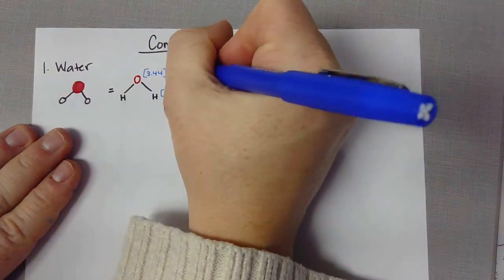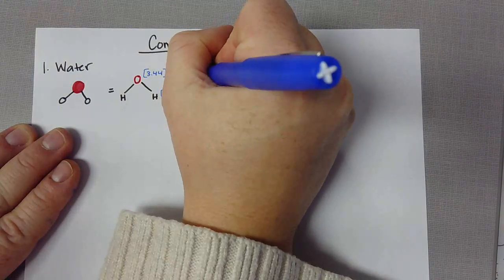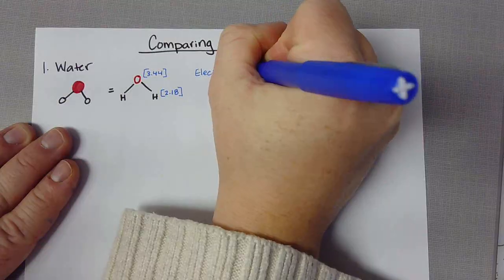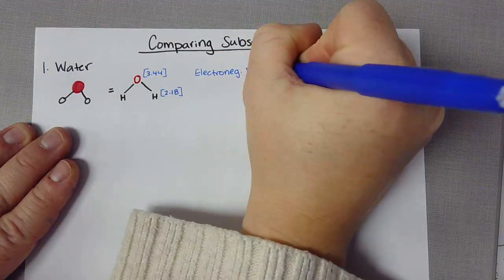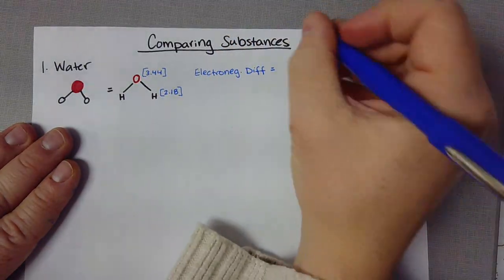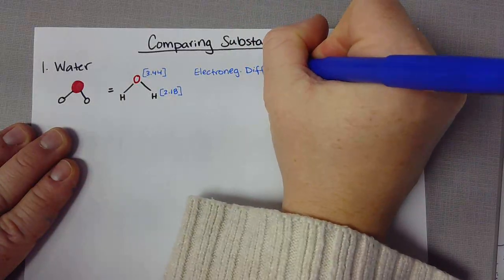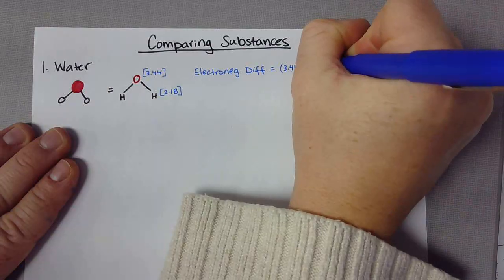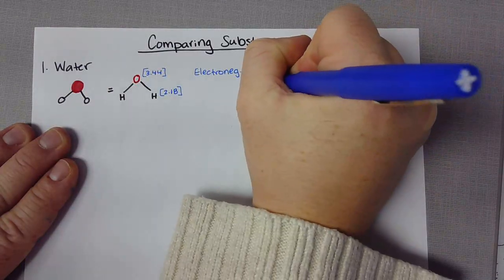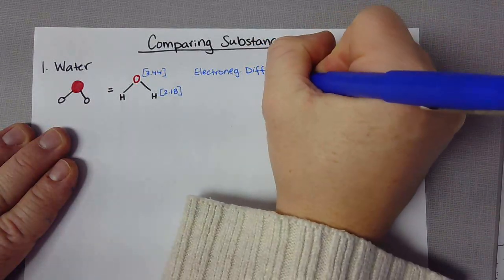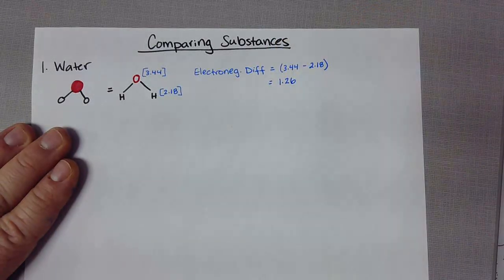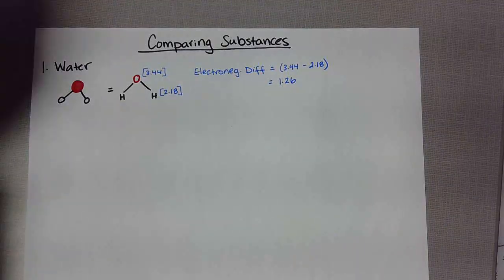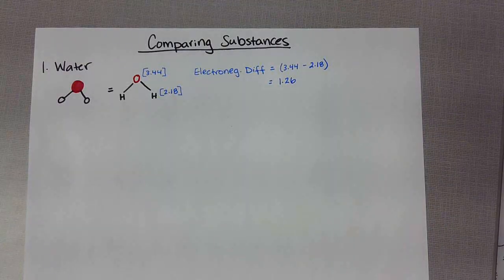So I only need to calculate one electronegativity difference. And calculating the difference is super easy. Big minus little. 3.44 minus 2.18. I get a difference of 1.26. So from here, I can identify everything else.